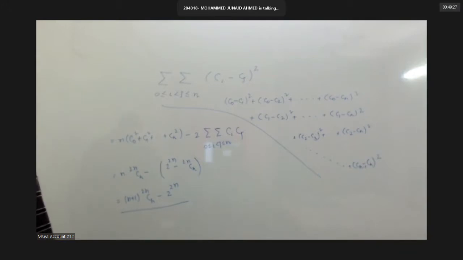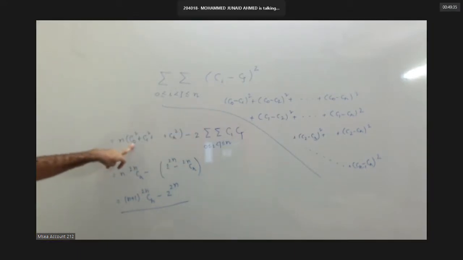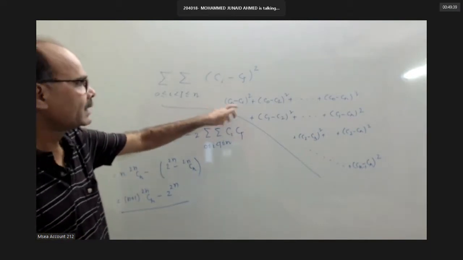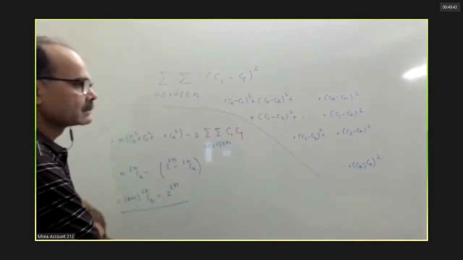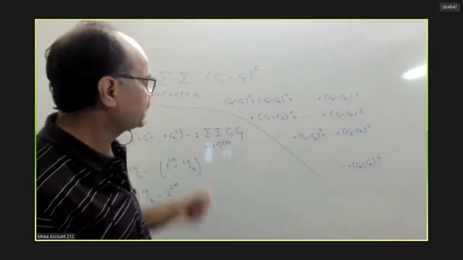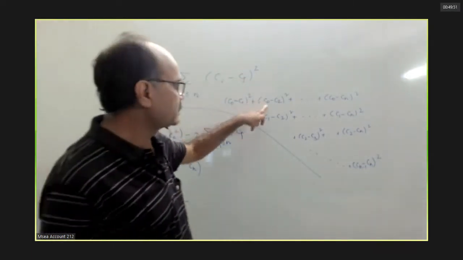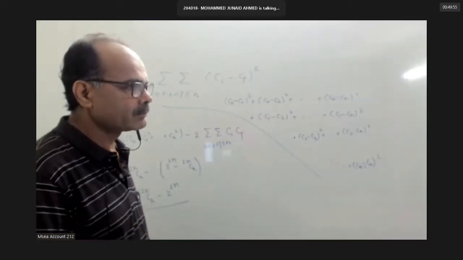Sir, I did not get that. You said C1 will repeat n times. How many brackets are here? n brackets. If you expand the first bracket, C0 square will appear; here also C0 square, here also C0 square. How many times will it come? n times.